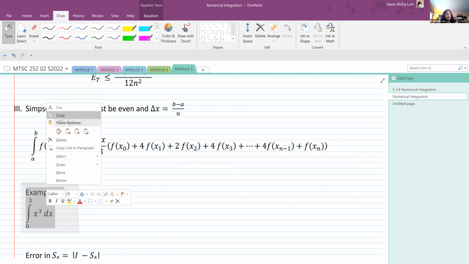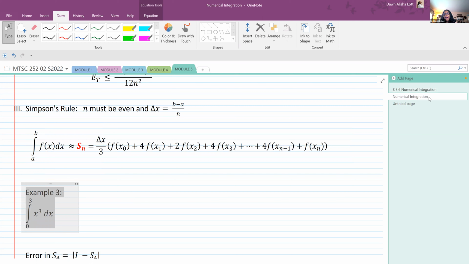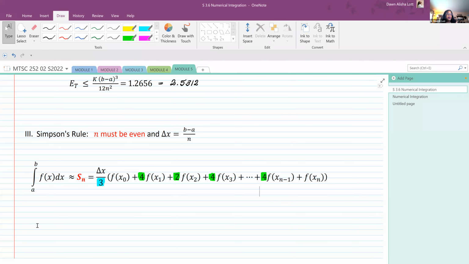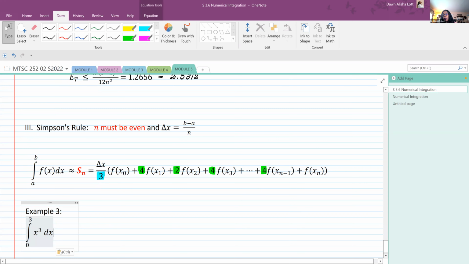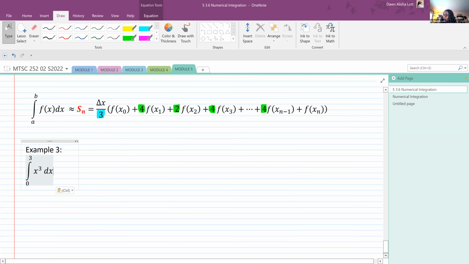Okay, so for Simpson's rule, we are going to compute the same integral one more time. So we're going to again use n is 4. So delta x is b minus a over n. So once again, it is 3/4.